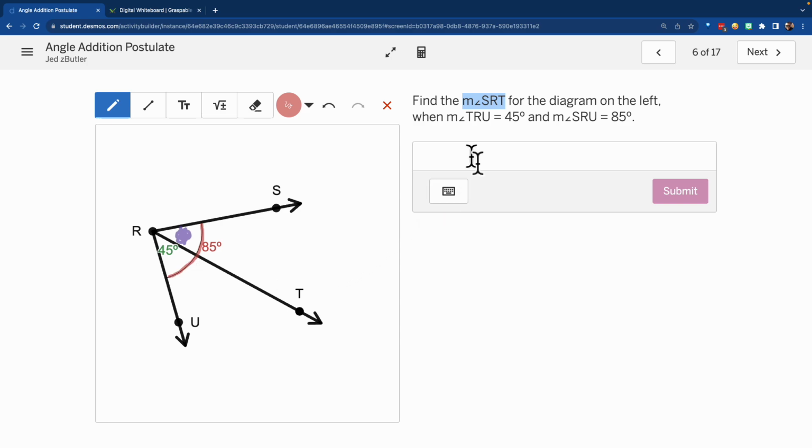So that's the big one. 85 is SRU. That's the whole rotation. And then 45 is just that other little part. So to find the missing purple piece, I would do the total minus the part that I know, 45. So 85 minus 45 gives me 40.